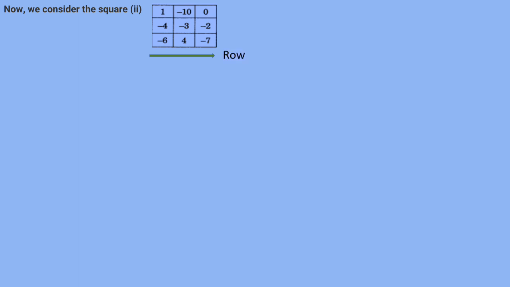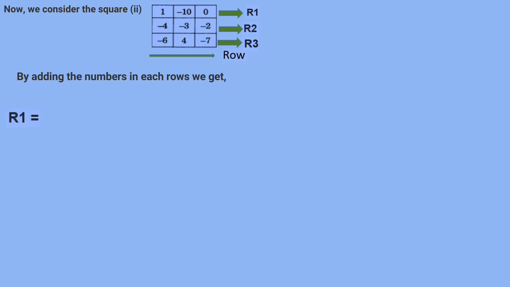So for rows, I'll take R1, R2 and R3. I'm going to add R1 like this. So 1 plus minus 1 minus 10 plus 0. This is row. So plus into minus minus, 10 plus 0.